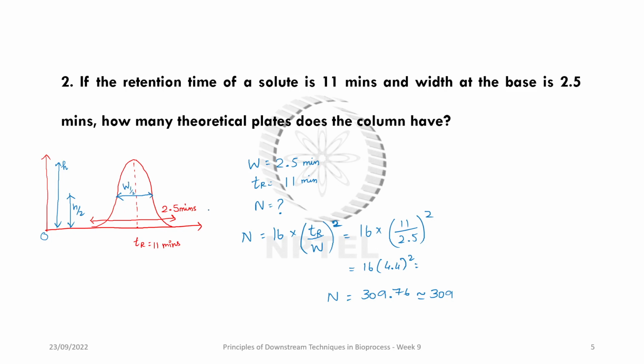So this is your W. So this is the entire width at the base. So what is the width at half of the maximum height of this peak? That is your question.